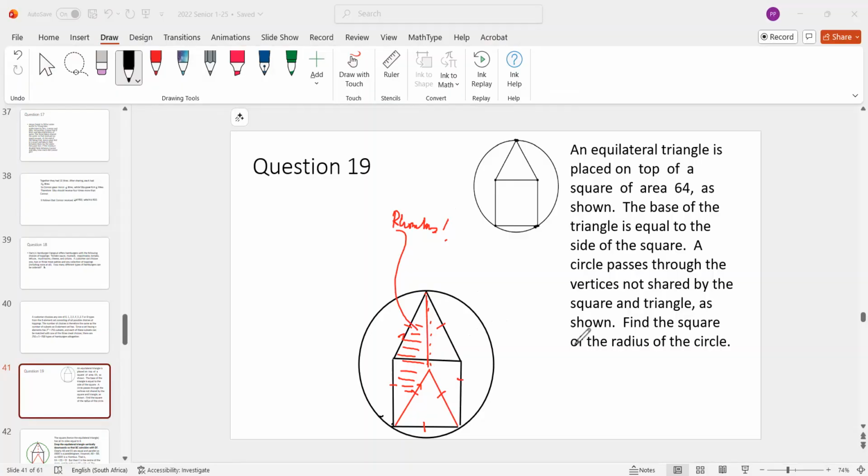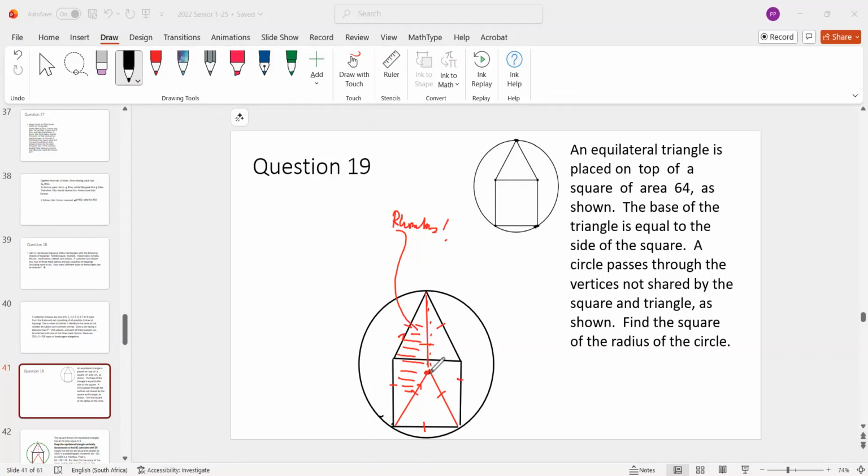Any parallelogram with a pair of adjacent sides equal is actually a rhombus. So that means all the sides are equal. In particular, this red line which I've drawn, that must also be equal to this.